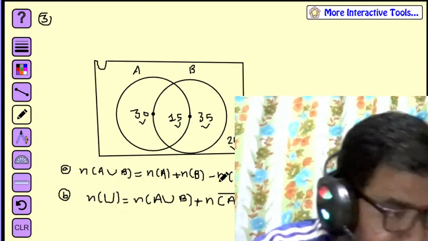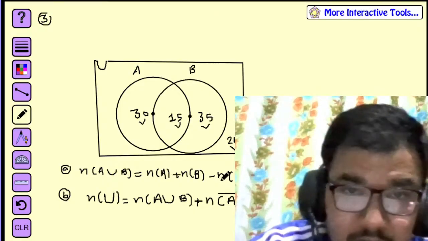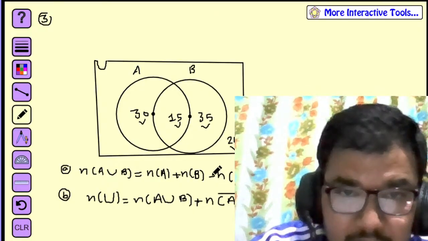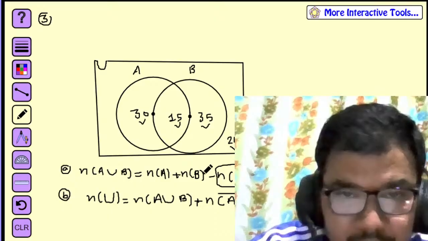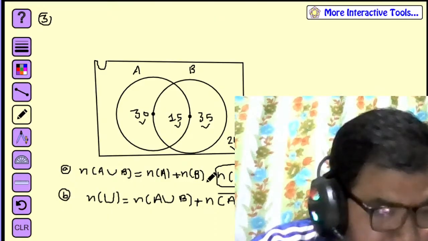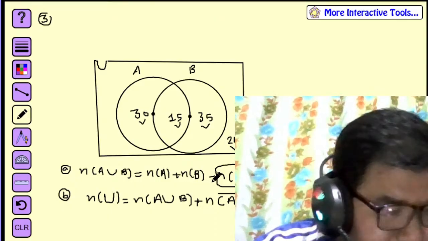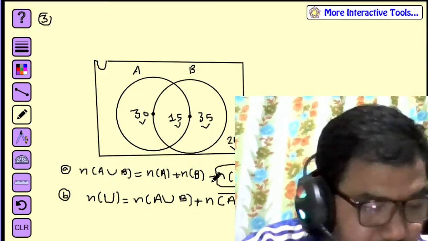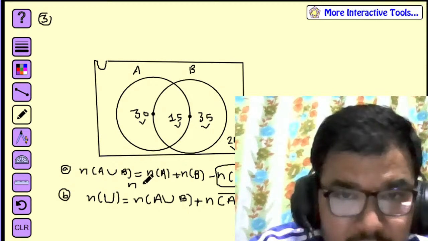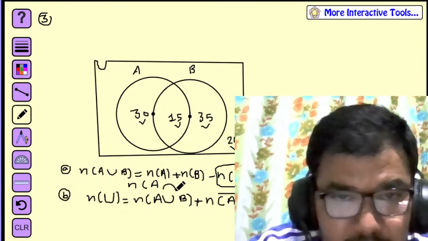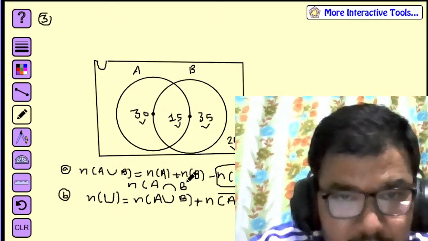If this part is hidden there, this part I am writing below. Here is minus n(A intersection B). We write it as B here.